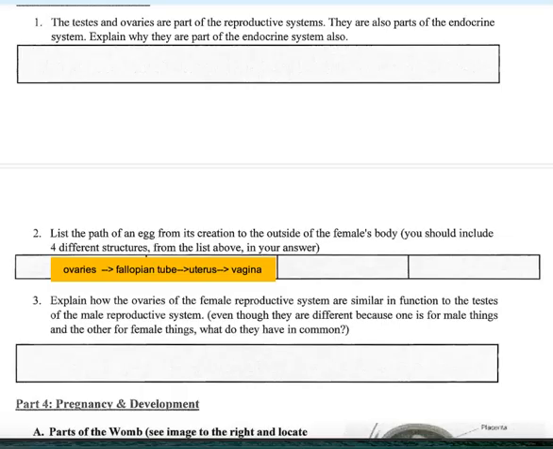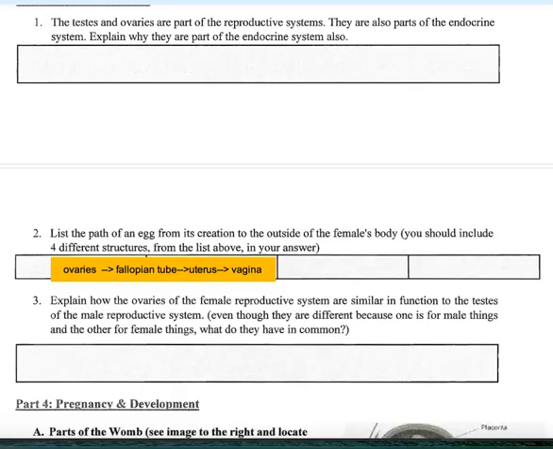Lastly, it says, explain how the ovaries of the female reproductive system are similar in function to the testes of the male reproductive system, even though they are different. What do they have in common?